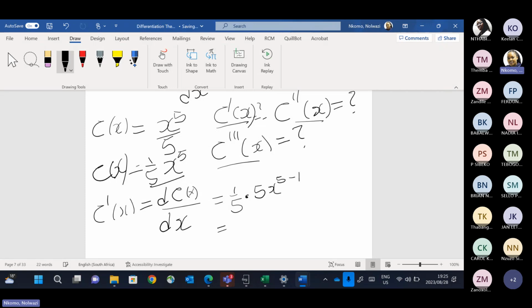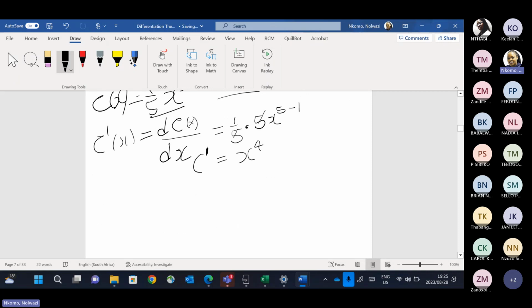And this gives us, if we simplify further, 5 and 5 will cancel out and we'll have x to the power 4, because this is 5 minus 4. And this is our first derivative, which is c prime. Remember, we're asked to find the second derivative and the third derivative, right?